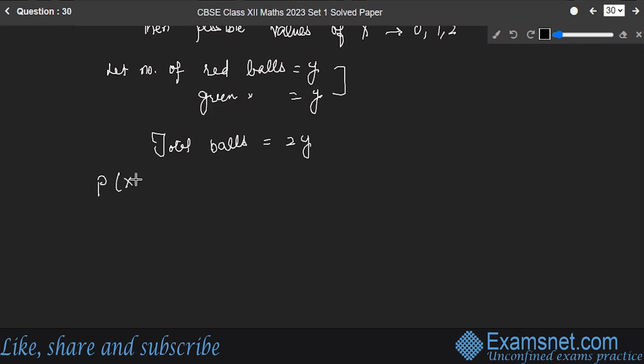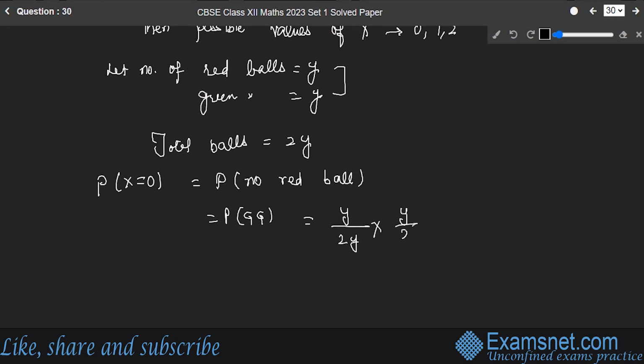Now the probability that you draw 0 red balls, P(X=0), the probability of no red ball, means you are drawing both the balls as green. This is given by y upon 2y multiplied by y from 2y for the second ball, that is equal to 1 by 4.